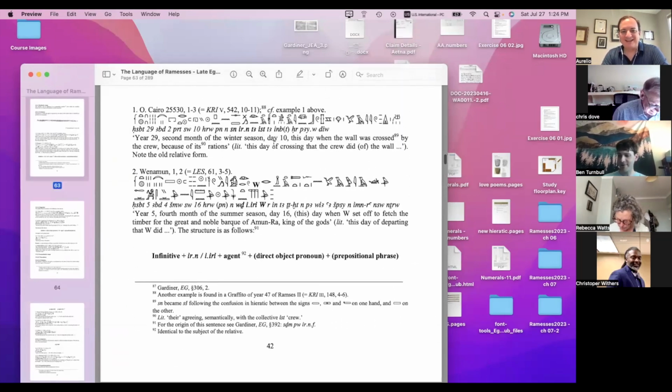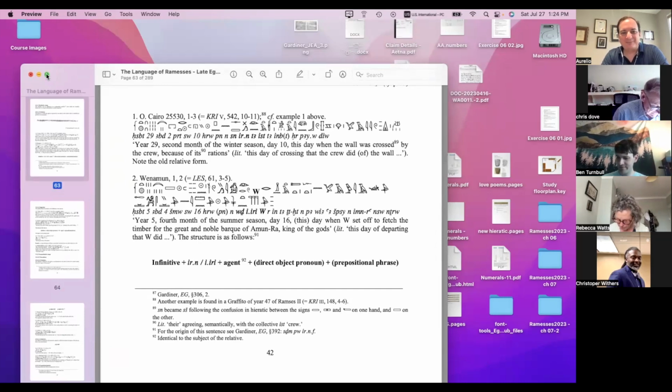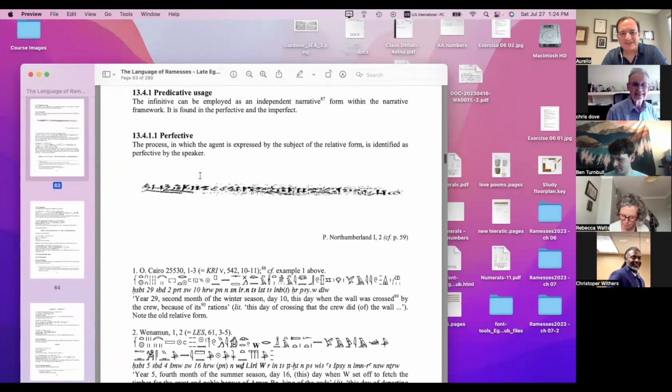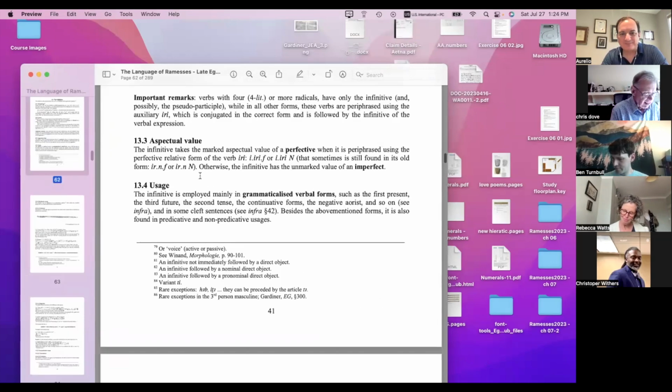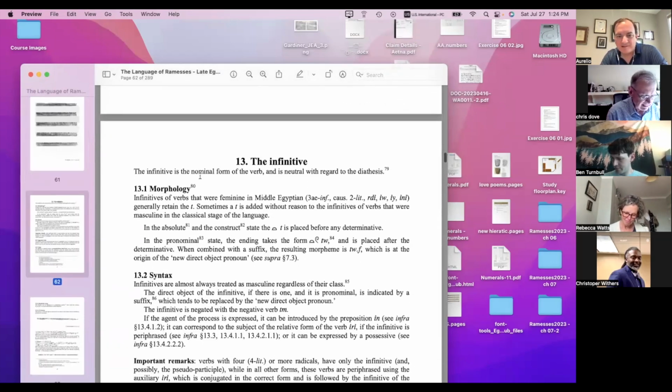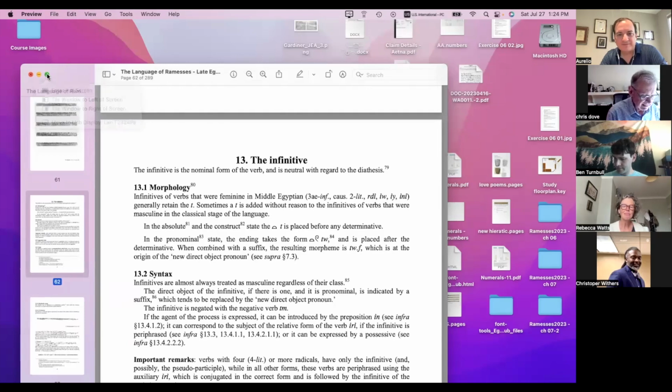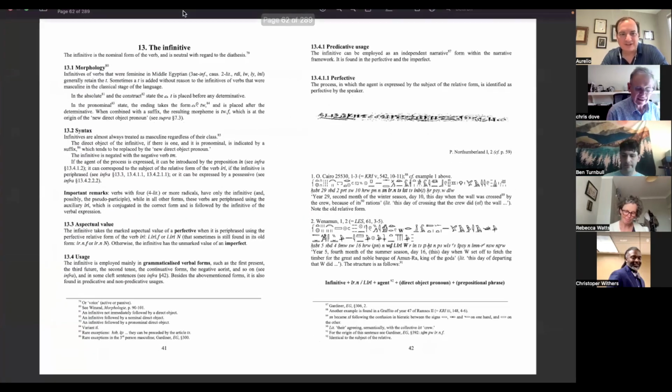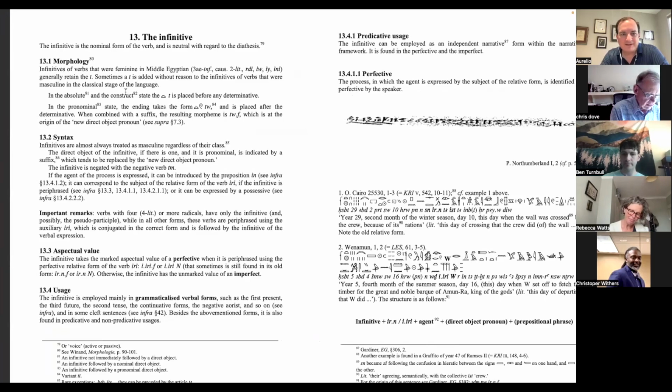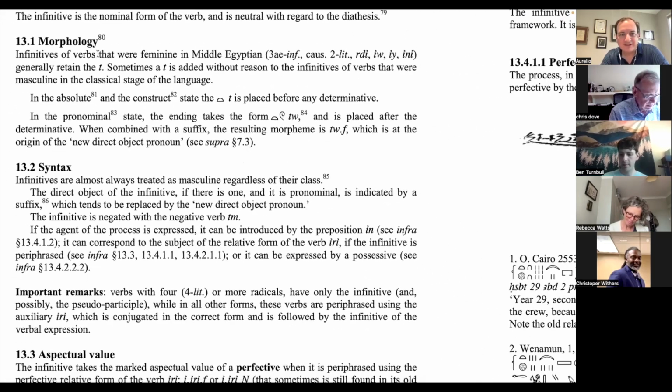Apologies, but we still haven't solved which infinitives get a T and which ones don't get a T, right? Yeah. In Middle Egyptian, I thought the third weak verbs get the T at the end. And that's still the case here. Here we go.